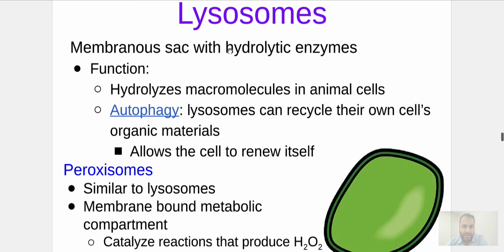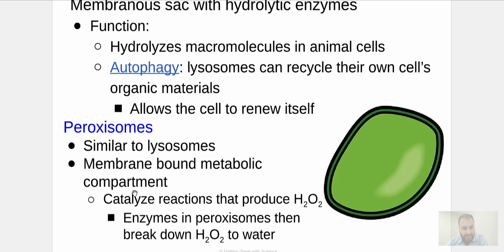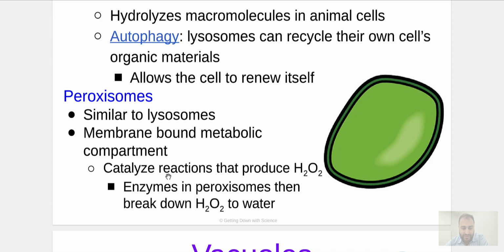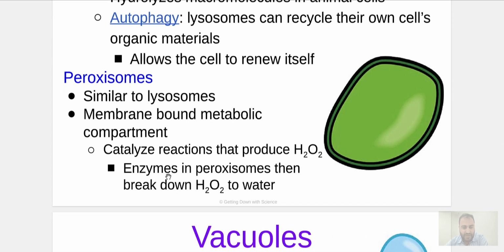Peroxisome is a specialized lysosome that is also only in animal cells. It's similar to the lysosome. It's membrane bound like other organelles. Its main function is to catalyze reactions that produce H2O2. Peroxisomes are important, again, because they help in detoxifying the cell by removing hydrogen peroxide, which is a toxic substance that can cause toxicity in the cell.